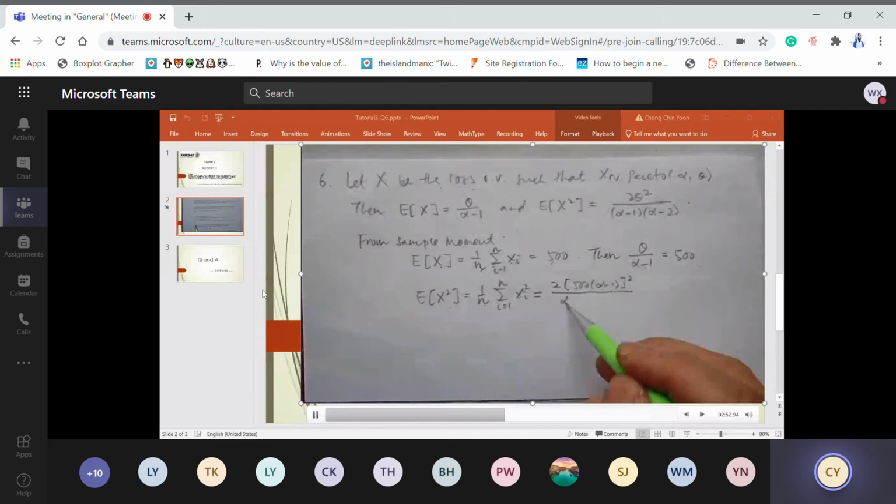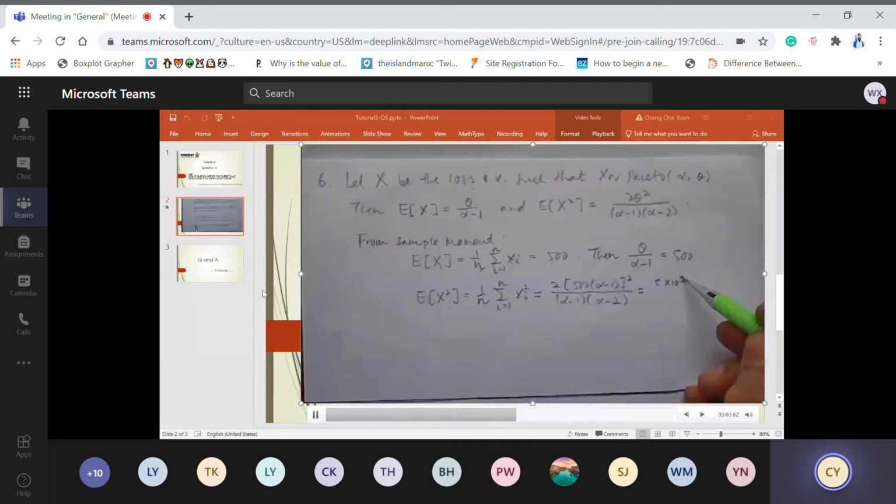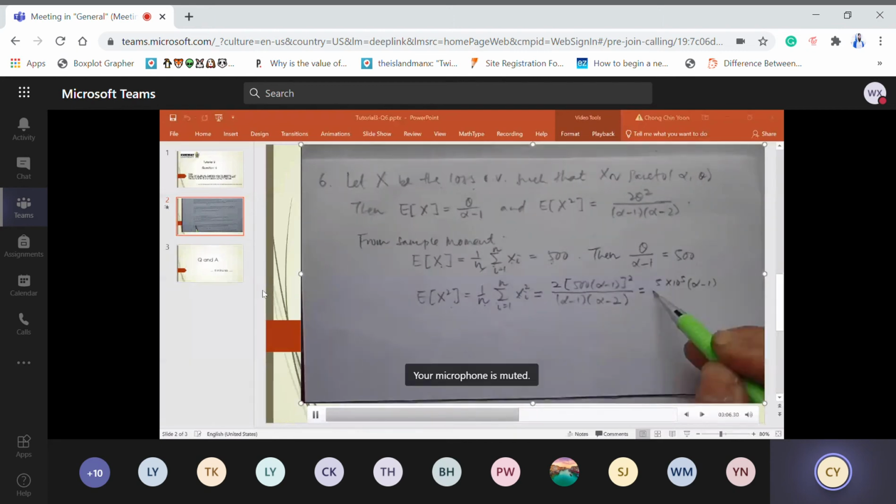So we simplify this, we will have 5 times 10 to the power of 5 times alpha minus 1 divided by alpha minus 2.